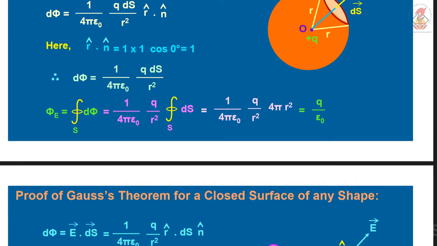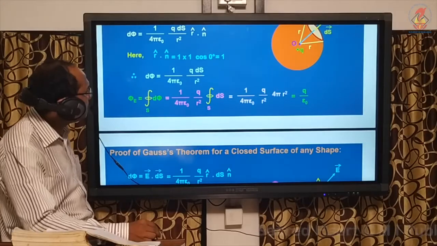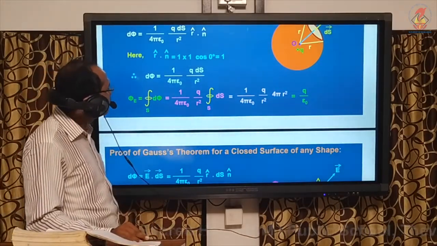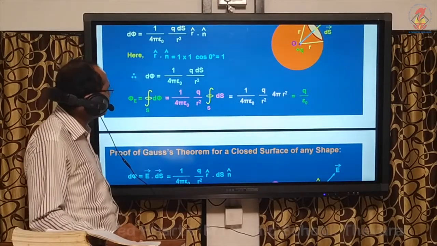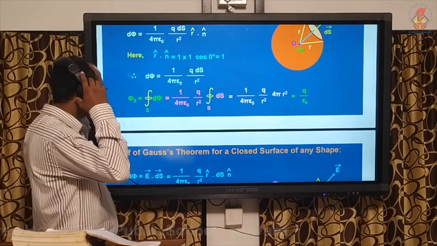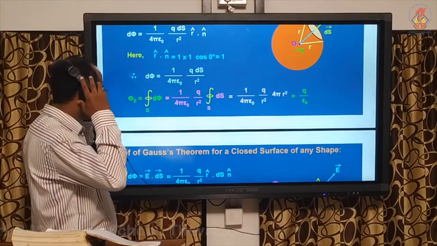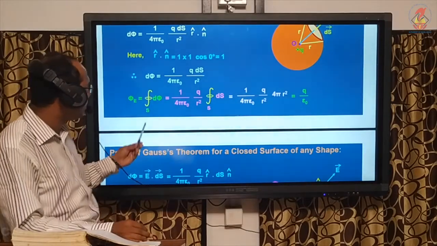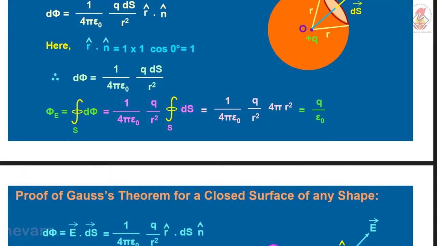Now, how will you find the total electric flux? Total electric flux means flux through the entire sphere. You can do integration. So integral d phi is the integral of 1 by 4 pi epsilon 0 q by r square into dS.